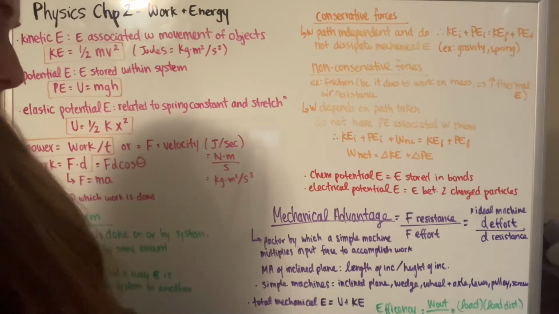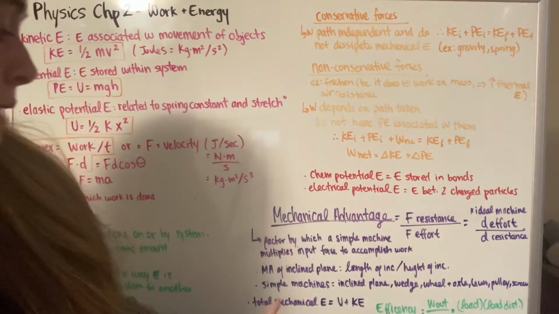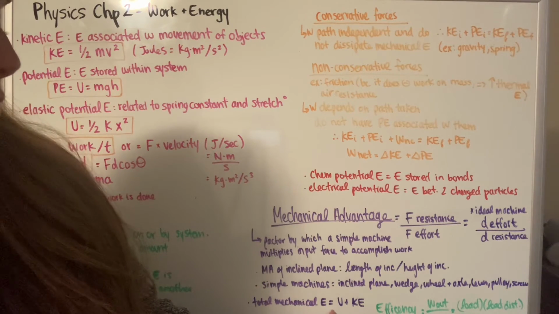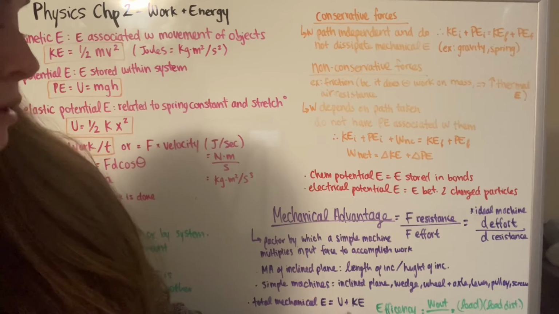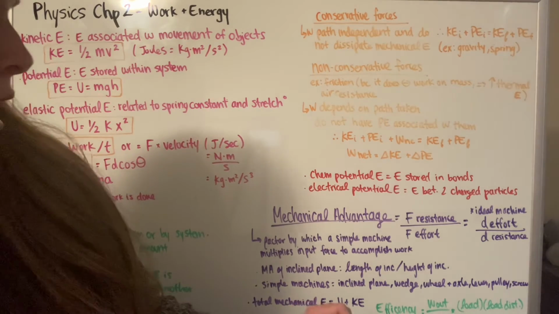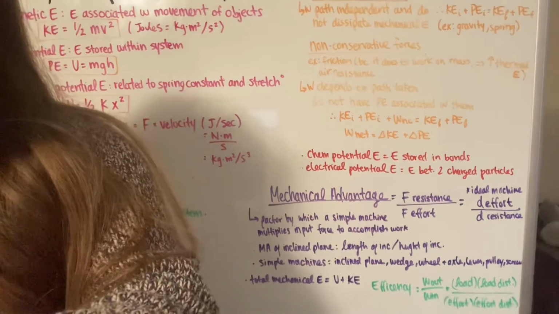And one other thing we didn't mention earlier was that the total mechanical energy is equal to the potential energy plus the kinetic energy. Okay. And now finally we have efficiency down here. I'm hoping you can see it.